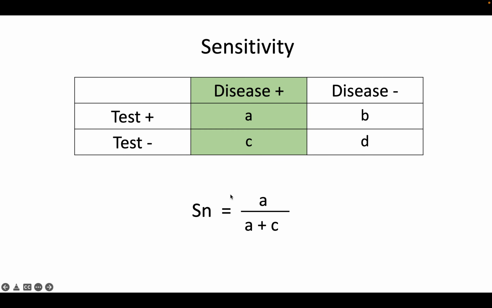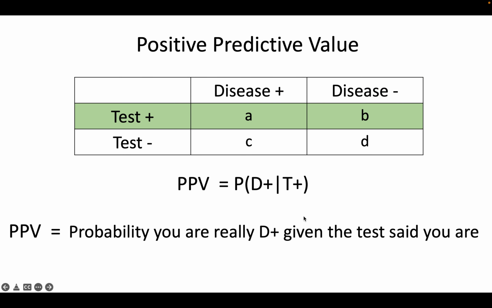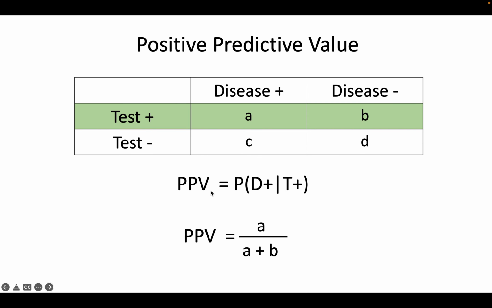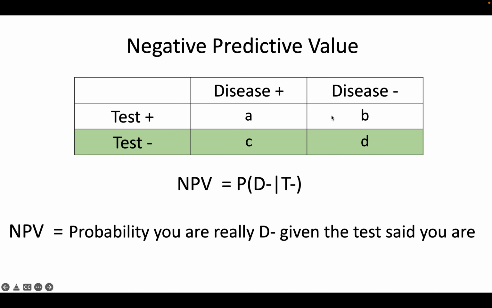The denominator for sensitivity and specificity is the truth. It's what we got correct out of the truth. And positive predictive value and negative predictive value have the denominator as everything the test said. So how often was the test right out of everything it said? That wasn't a great explanation, but I'm going to do an example, and that should help.